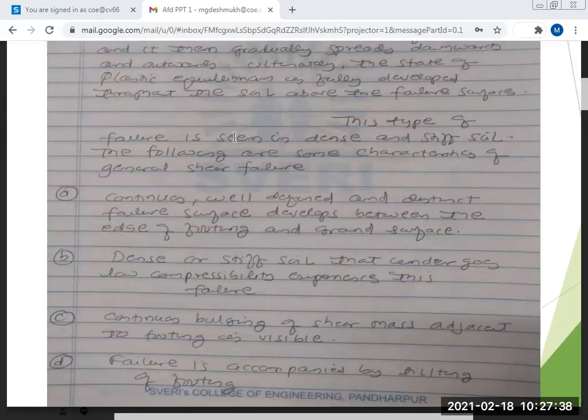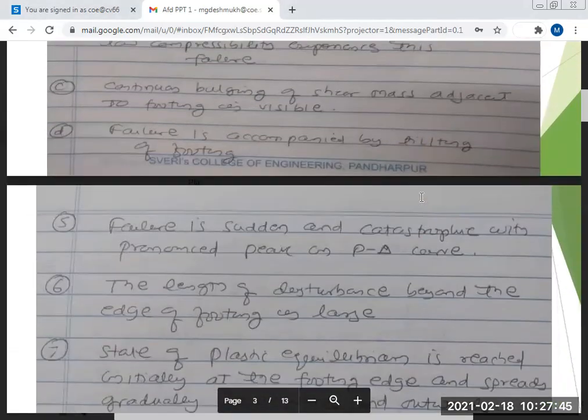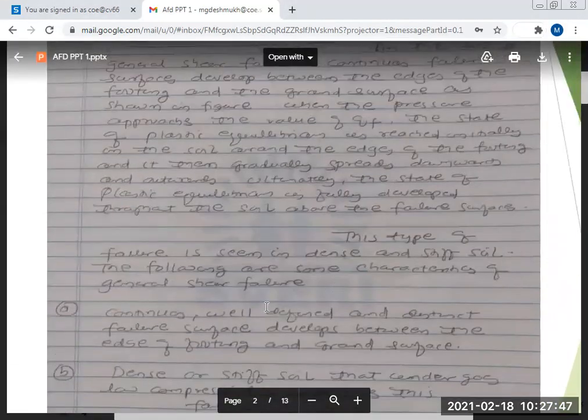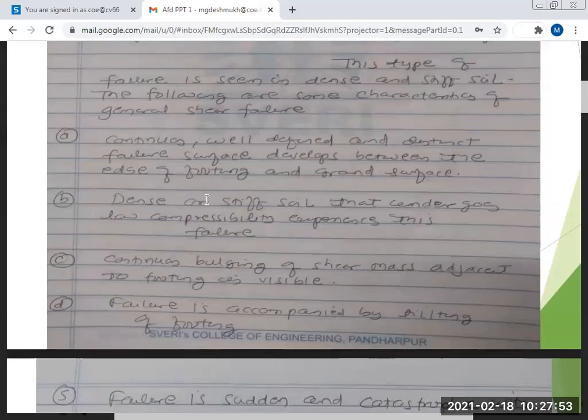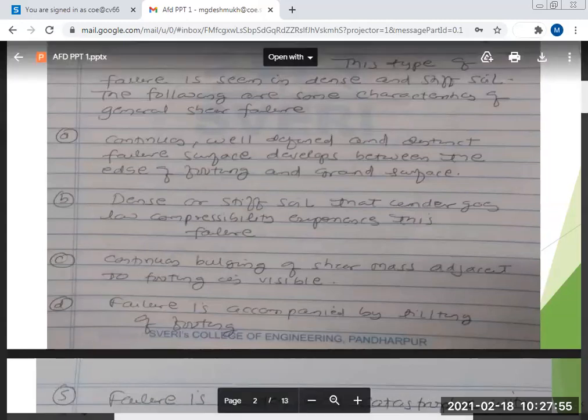General shear failure is going to take place. Now, what are its characteristics? I have written here the characteristics in a detailed manner. We should know it. First of all, a continuous, well-defined and distinct failure surface develops between the edge of the footing and the ground surface. A well-developed failure surface, you have seen it: a triangle you will get, then two parabolic curves, again two parabolic curves going upwards, then heaving also you will see.